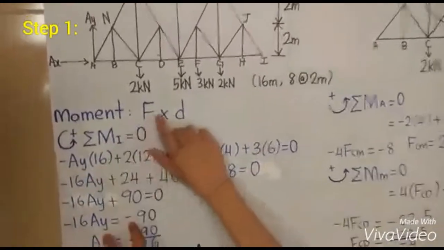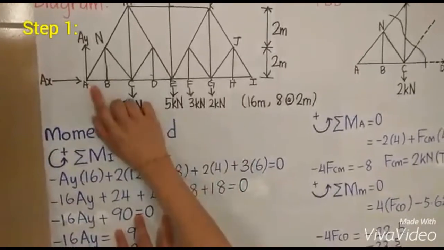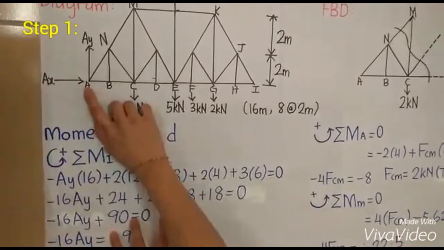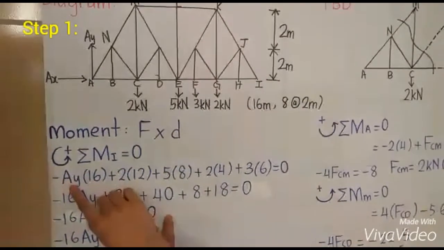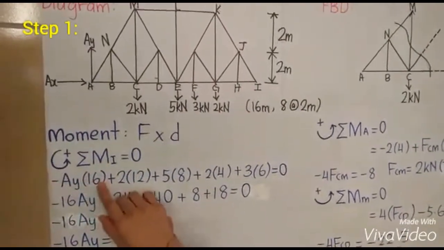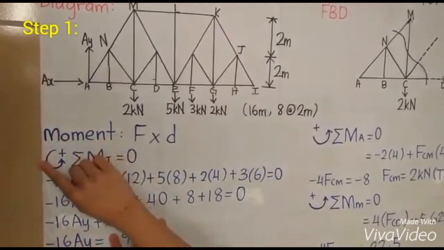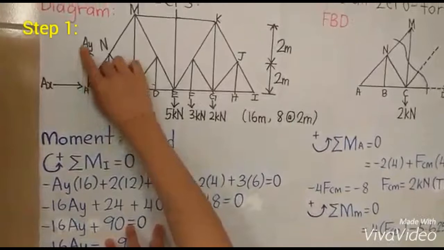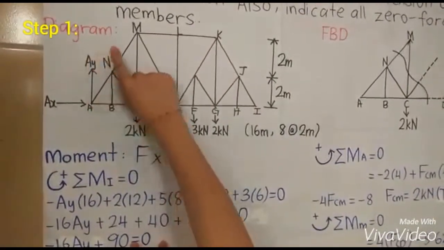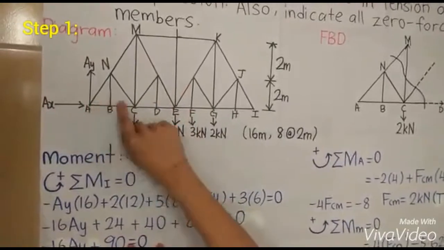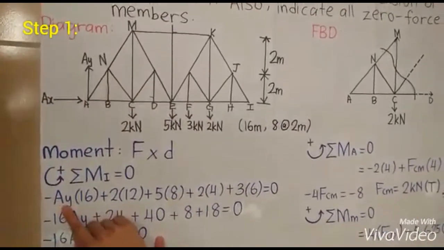So based on the equation of moment, force times distance, from point A to point I, negative AY times 16, because the moment is in counterclockwise direction and AY is an upward force, which is in clockwise direction, and therefore AY will be negative AY.